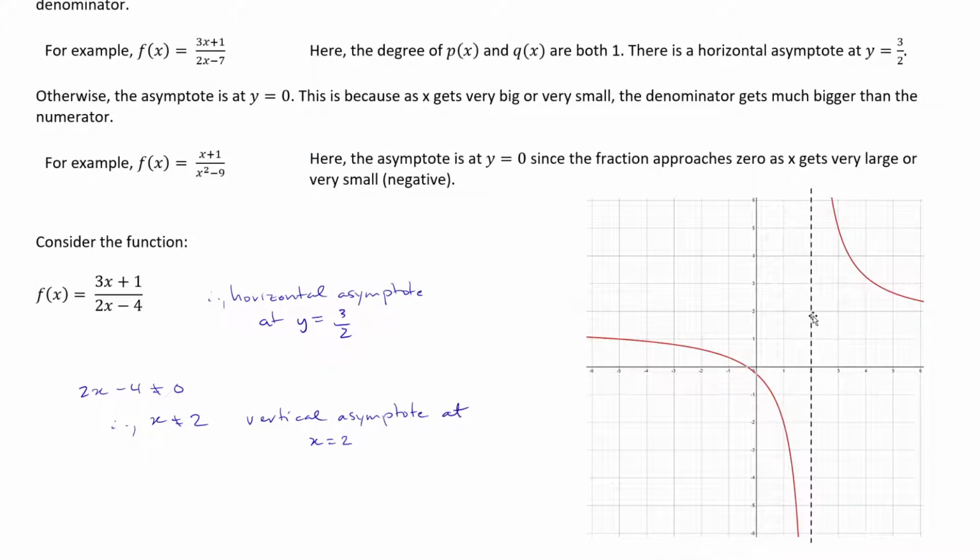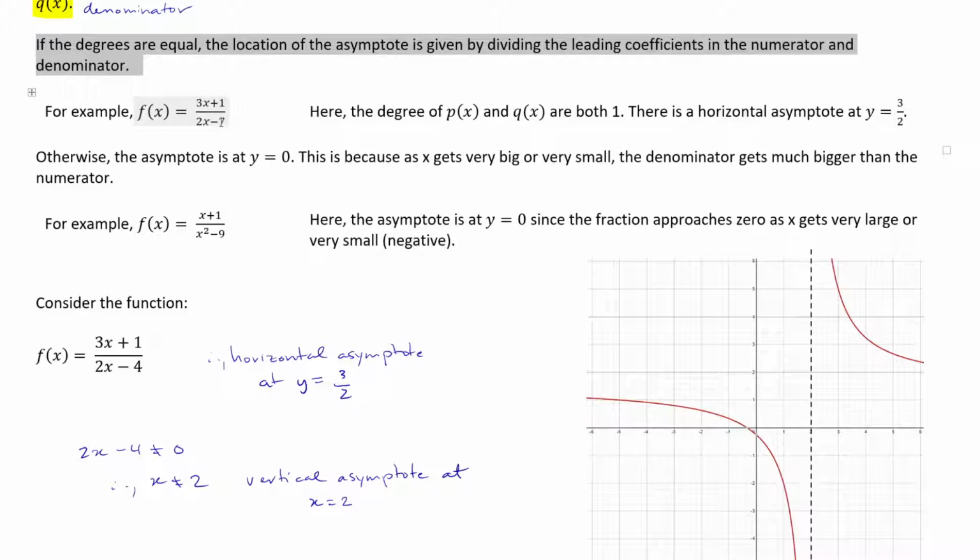So right here, as you can see, I've got my vertical asymptote for this. That's the easy one, right? I can see that x can't be equal to 2, so I have to have a vertical asymptote there. But then I look: the degree of the numerator is the same as the degree of the denominator. So I follow this rule. If the degrees are equal, the location of the asymptote is given by dividing the leading coefficients.